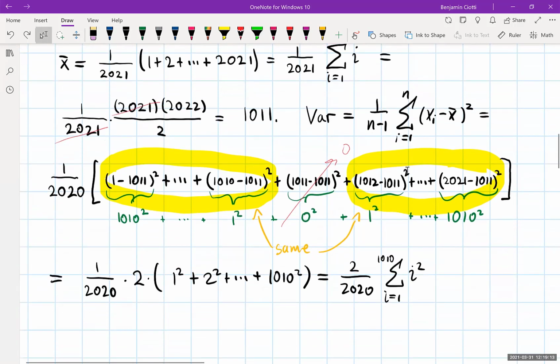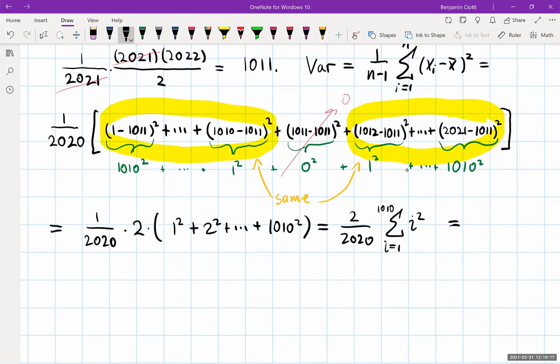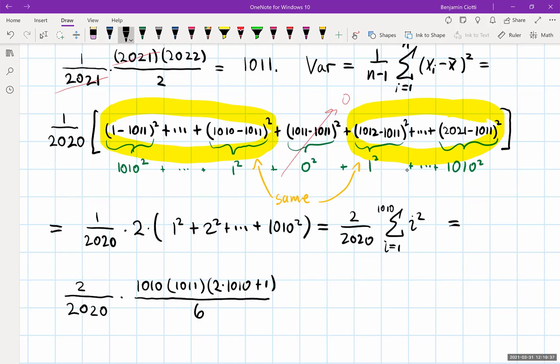So according to the formula, we're going to get 2 over 2020 times 1010 times 1011 times 2 times 1010 plus 1, all over 6.